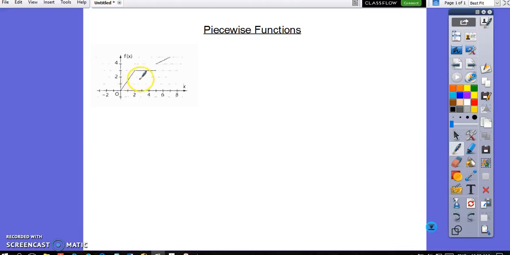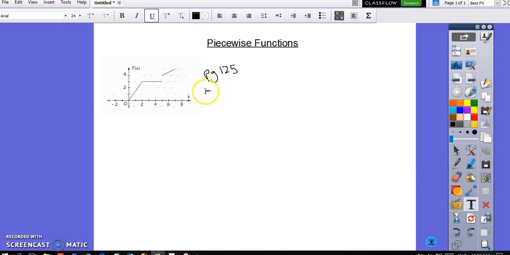This is a really bad scan of the function, but you can see the graph on page 125 of your book, which is where I took the picture from. So this function is not smooth.